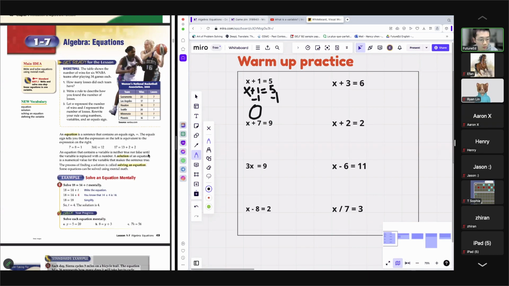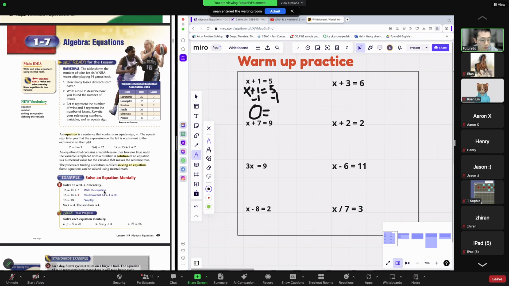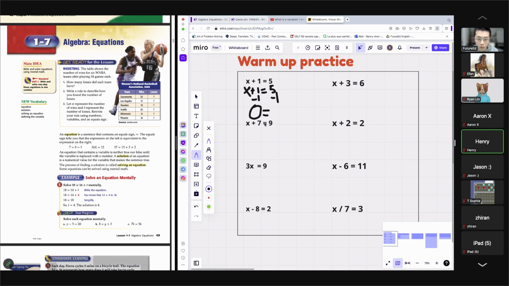What do I put on the right side then? So 0 equals, what's 5 minus 1? You put 4. Okay, so over here I'd have 0 equals 4.